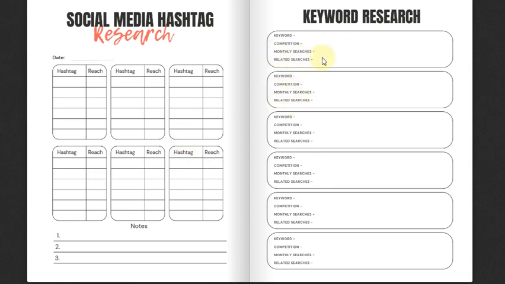So what are the number of monthly searches, and what are some related searches? And you want to make sure that you're researching this using a keyword tool. There are a lot of different tools out there that you can use. We have some that we can recommend to you, but you want to make sure that you have a keyword tool so that you can figure out the best hashtags for your social media posts.